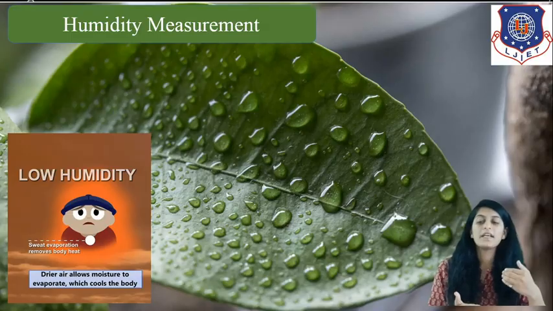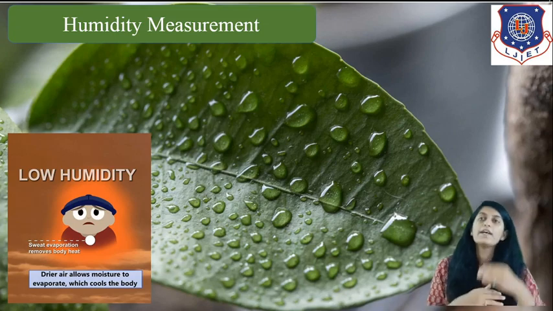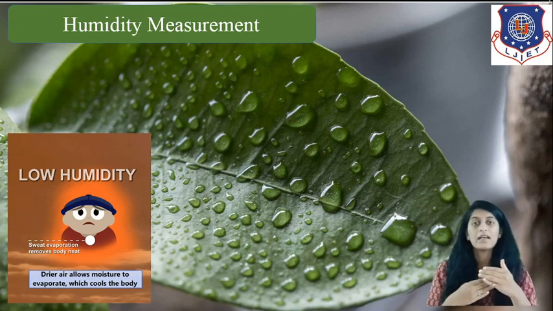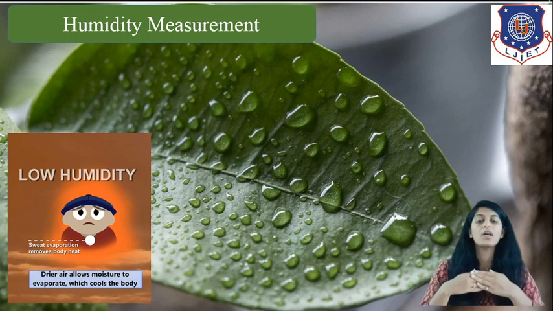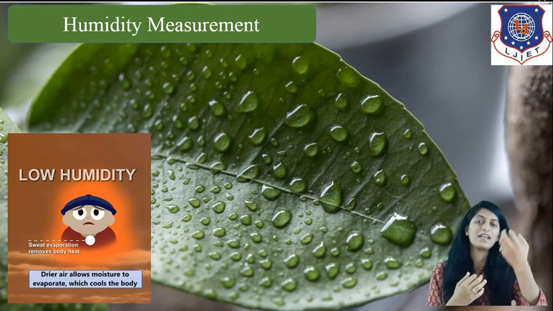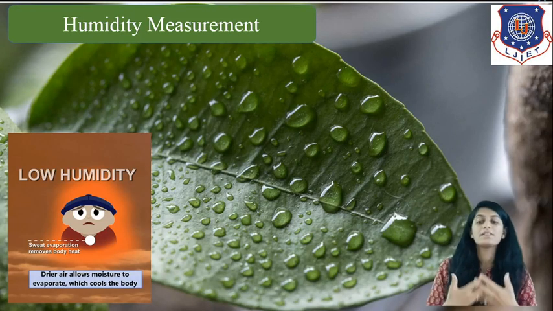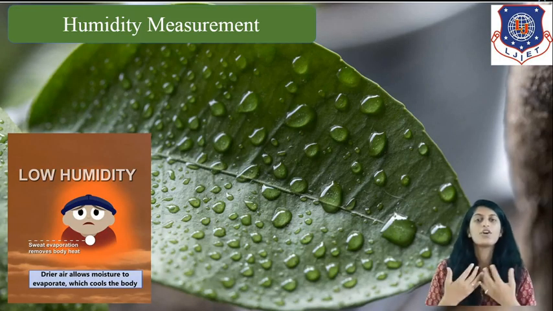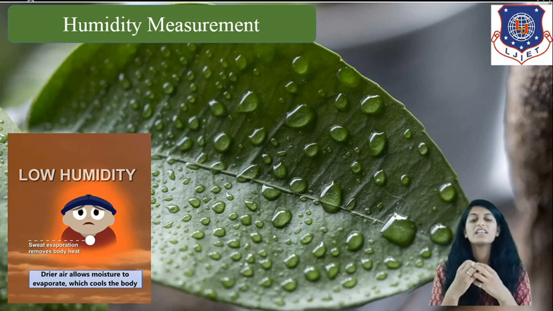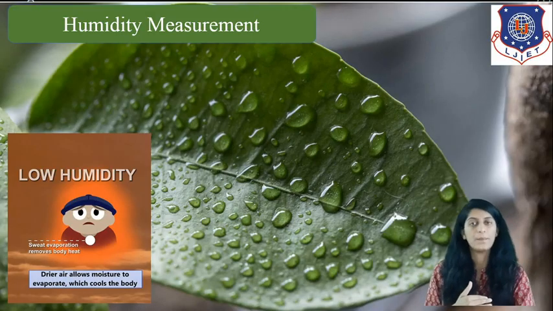Low humidity refers to dry air. Dry air allows moisture from our body to evaporate, and as moisture evaporates, our body temperature gets lower and we experience cold. We feel our body is quite cooler than it was supposed to be.